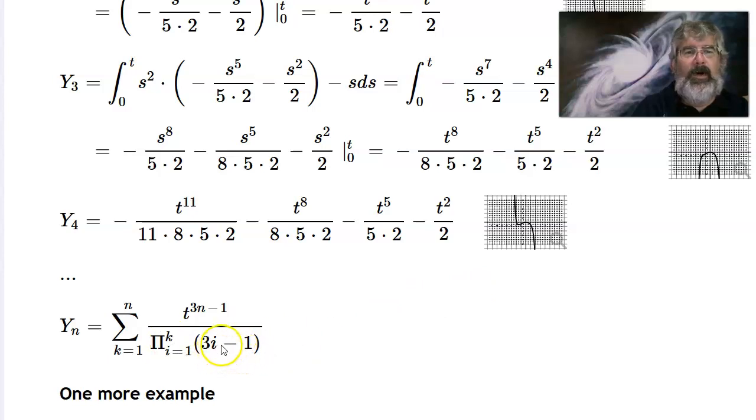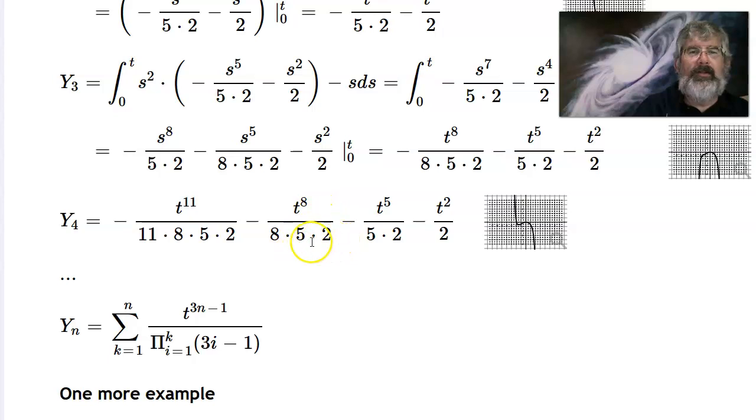So with i equal to 1, 3 minus 1 is 2. That's that one. With i equals 2, you've got 6 minus 1 is 5. So when k is 1, you just get one thing in the denominator. When k is 2, you're going to do the product from 1 to 2, so you're going to have a 2 and you're going to have a 5. When k is 3, you're going to have a 2, a 5, and an 8 here, right?